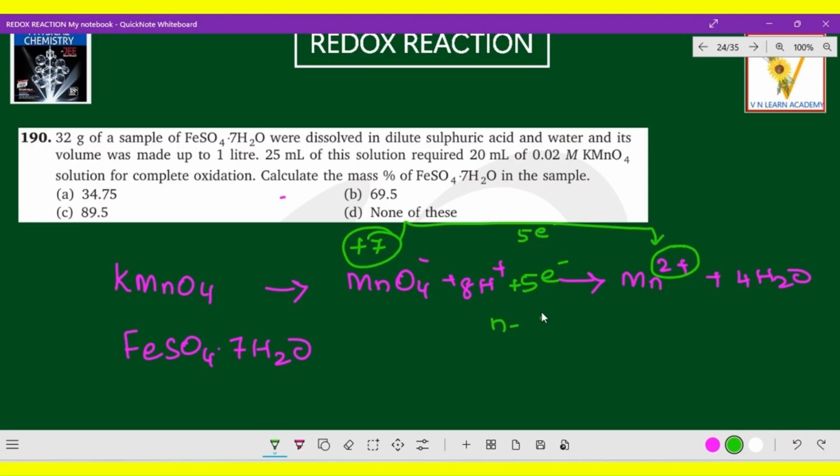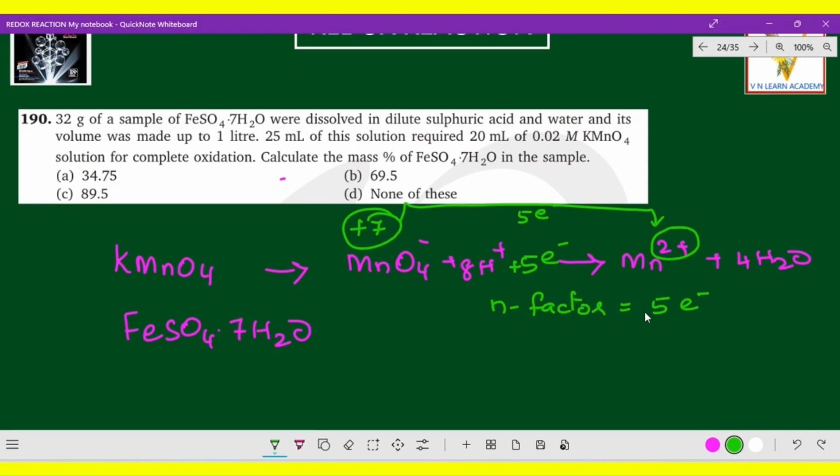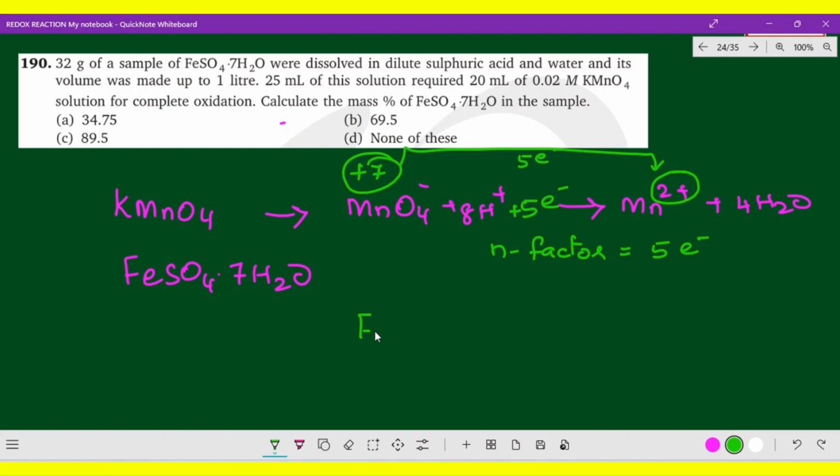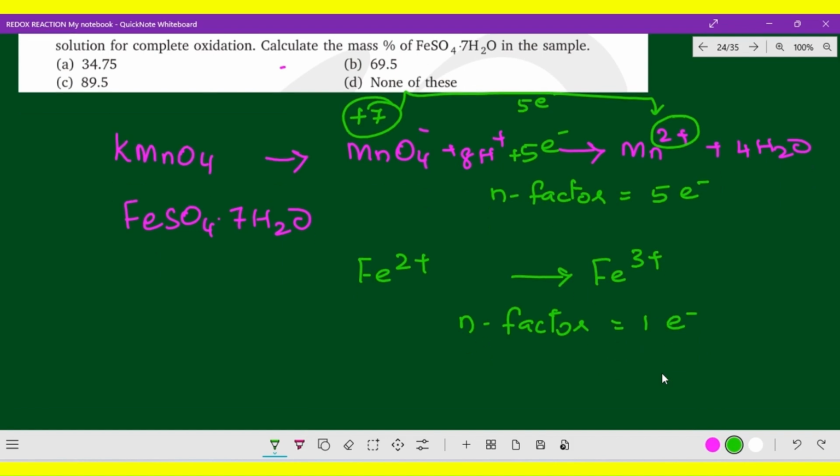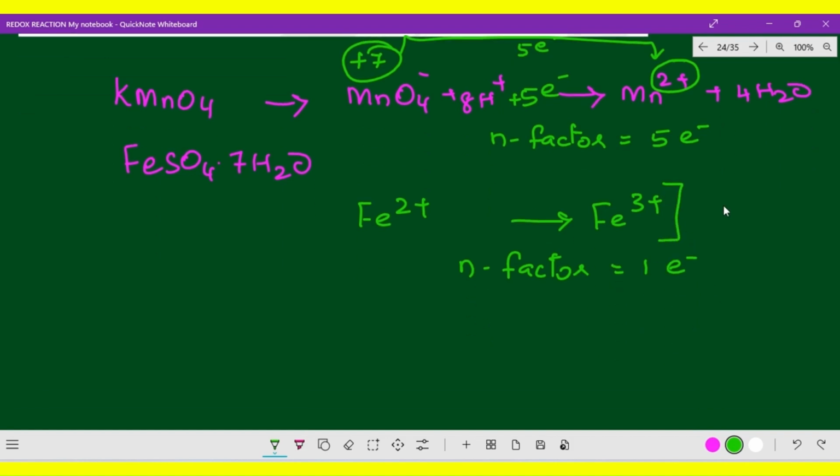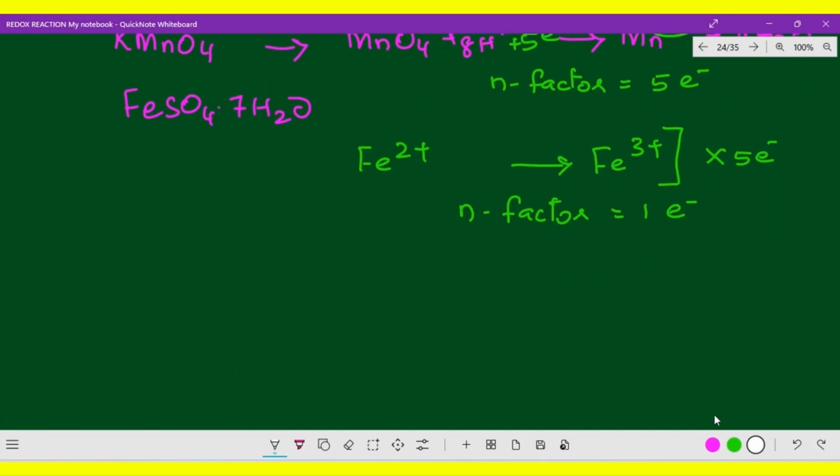So the n-factor is 5 electrons, right? And in the same way Fe2 plus is converted to Fe3 plus, right? Okay, now n-factor, that is 1 electron. So here 1 mole of KMnO4 reacts with 5 moles of Fe2 plus, right? I just mentioned it in words so that it will be easy to understand.